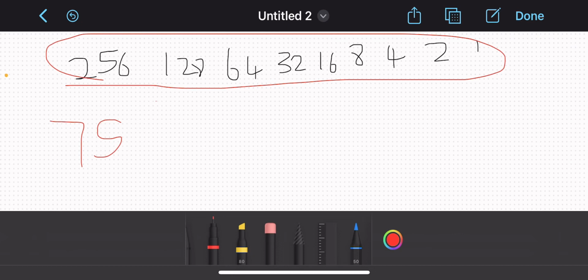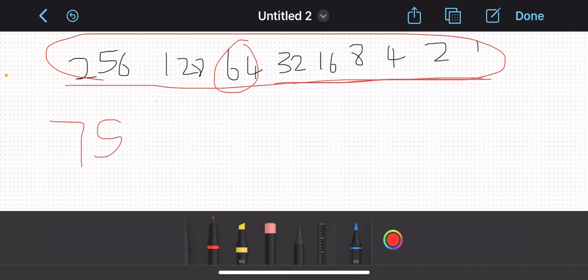So when we want to convert 75 to binary, we go back to these numbers here, and we check which number is the closest one smaller than 75. It's 64.